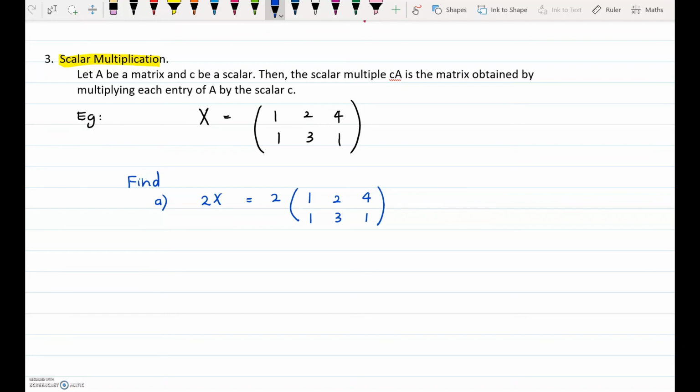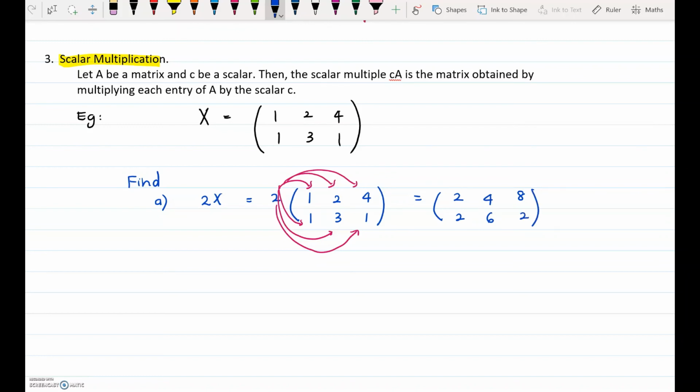So 2 times 1 will be 2, everything will be multiplied with 2. So the answer will be 2, 4, 8, 2, 6, and 2.